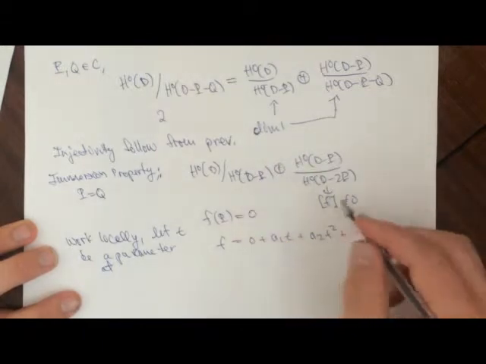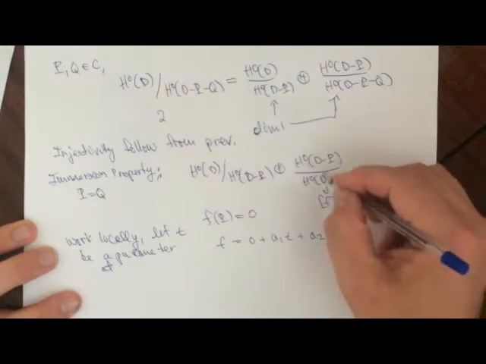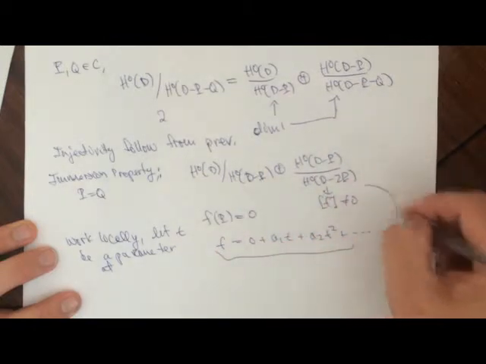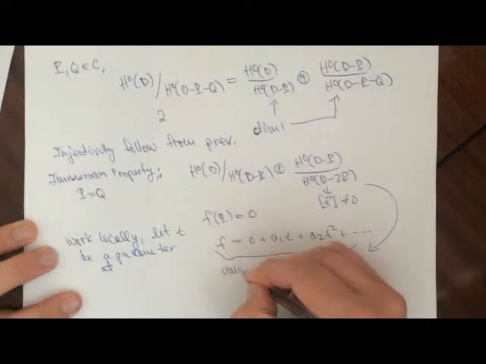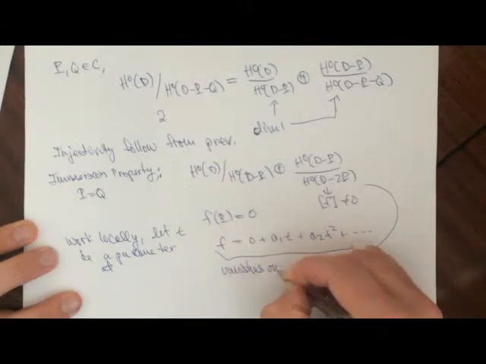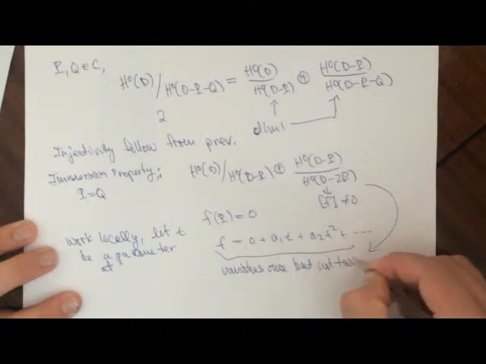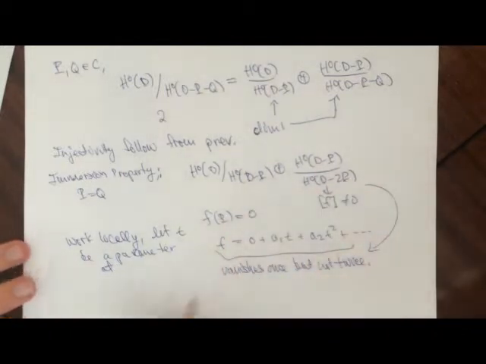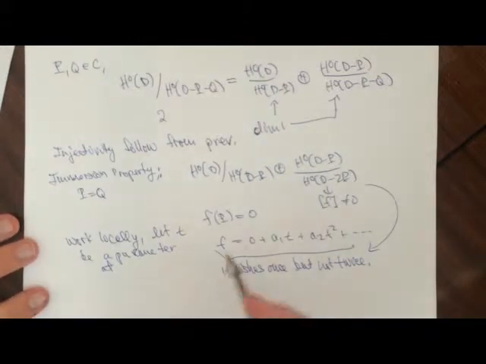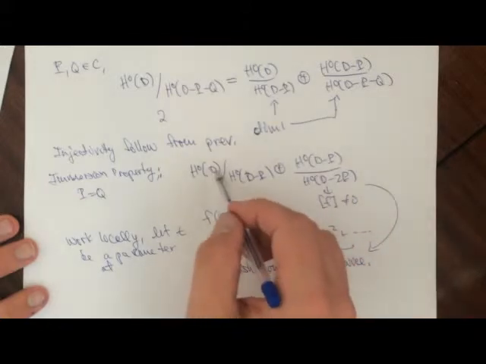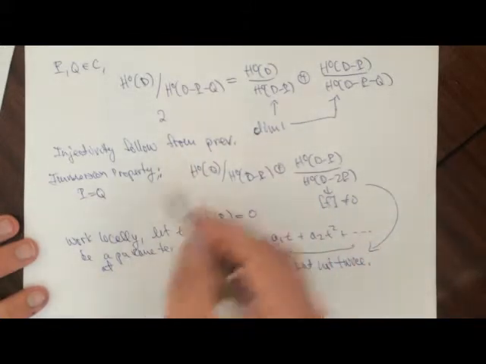The fact that it's in here and that it's not 0 says it vanishes once but not twice. So this is what we have. And f is in D, so let's write down some generators.